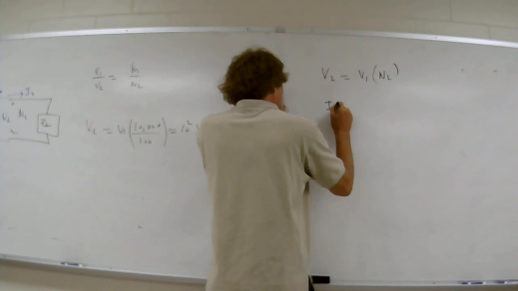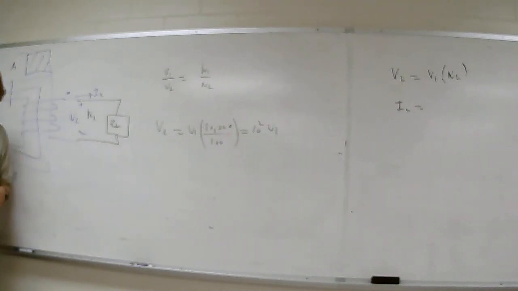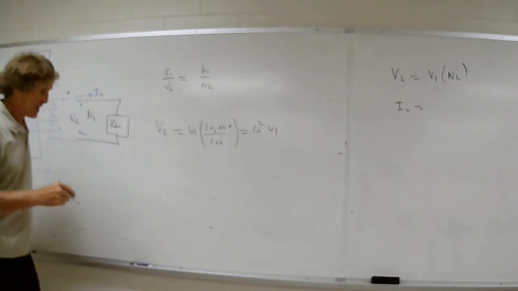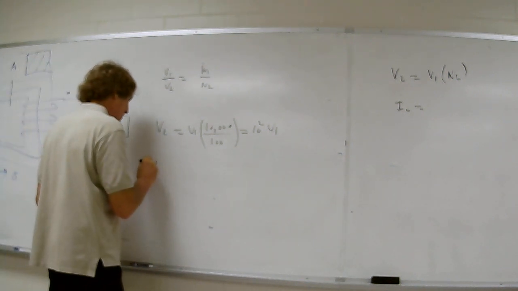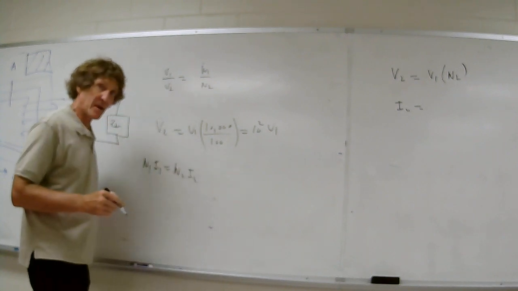What about the current I2, the current flowing through this? Think about this. Well, you could say it's going to be V2 over ZL, right? Yeah. But what else is it? Remember, N1 I1 equals N2 I2, right? Do you remember that?